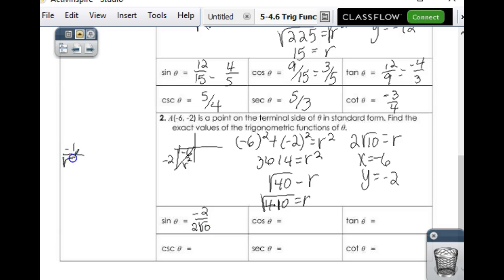I have negative 1 over square root of 10. Can I have a square root on the bottom? No. What do I do? Multiply the top and the bottom by the square root. So I get negative square root of 10 over 10.